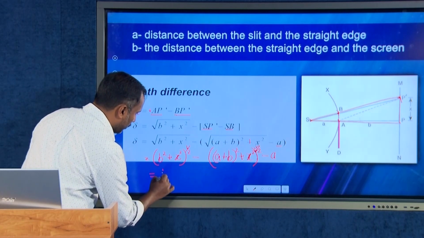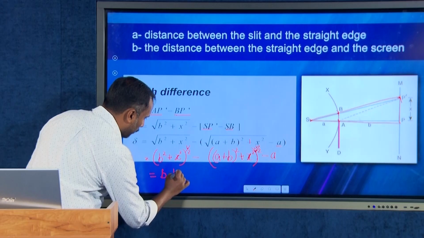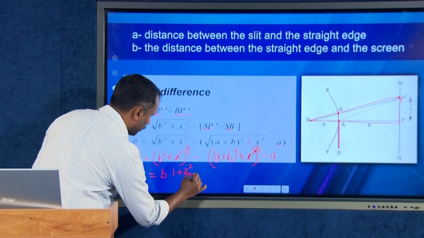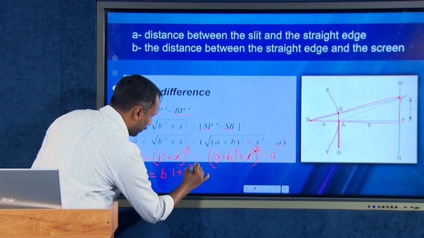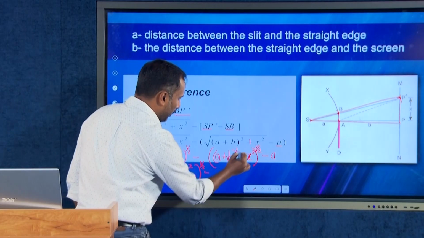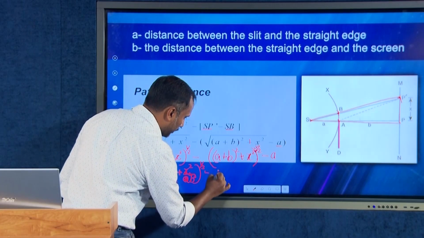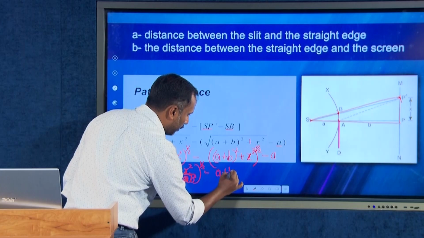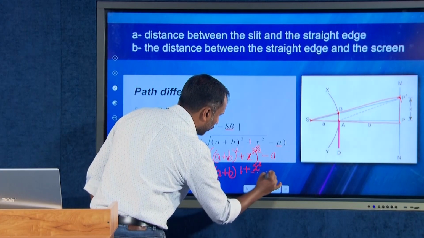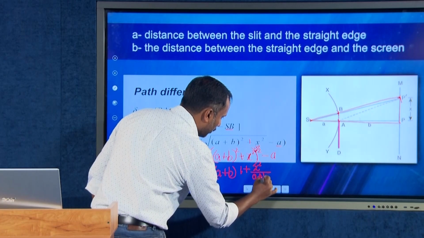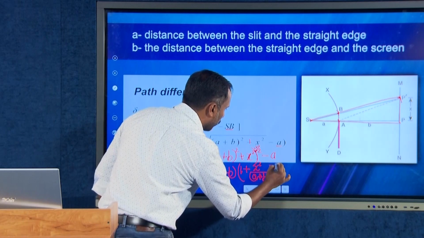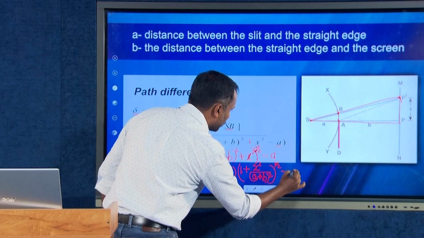So this will be B into 1 plus X square by B square, all raised to 1 by 2, minus, taking A plus B as a common factor, A plus B into 1 plus X square by A plus B all square, all raised to 1 by 2, and minus A.